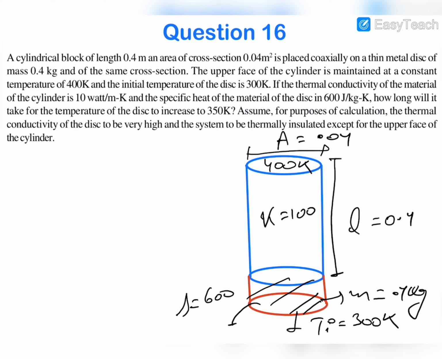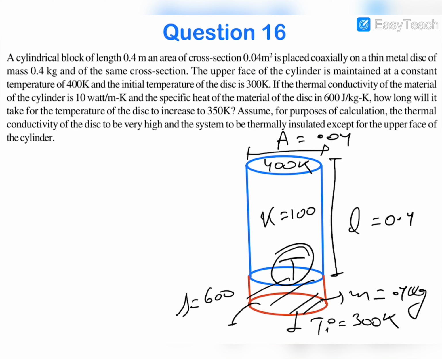So obviously at any time t, let's suppose the temperature of this end of the disc is T, and the temperature of the complete disc will be the same, because it is given that we have to assume the conductivity of the disc to be very high.